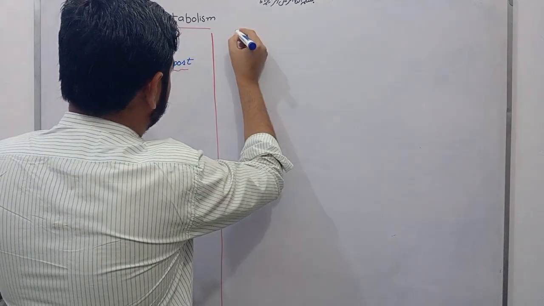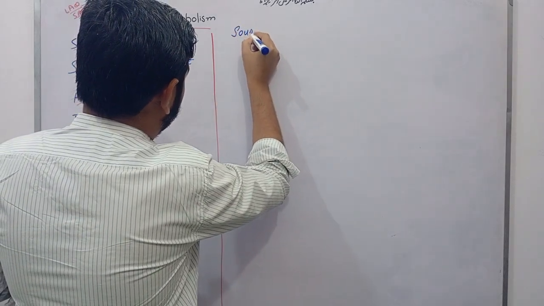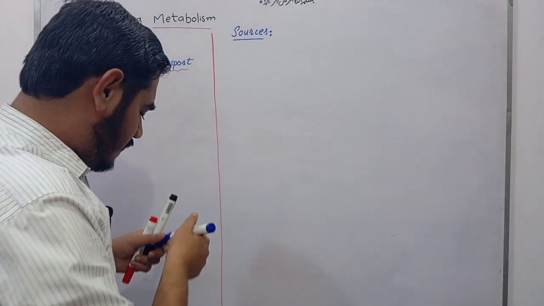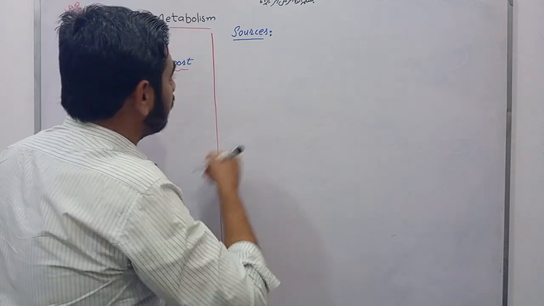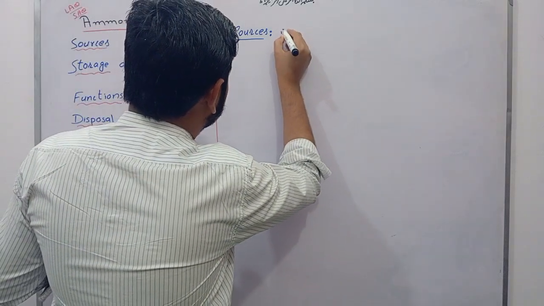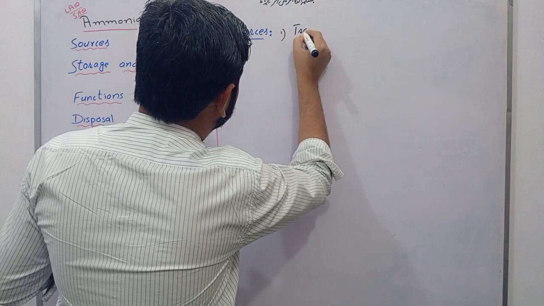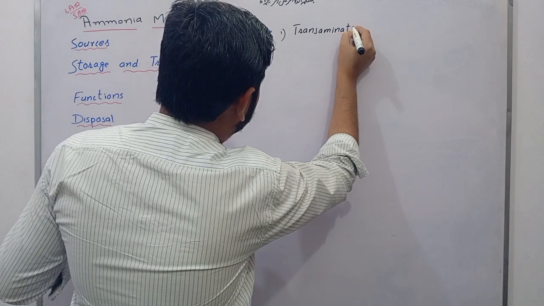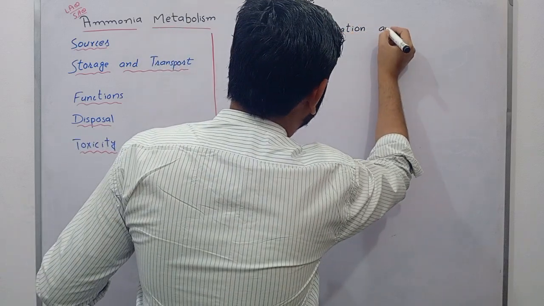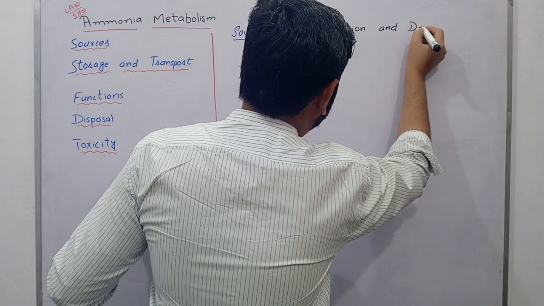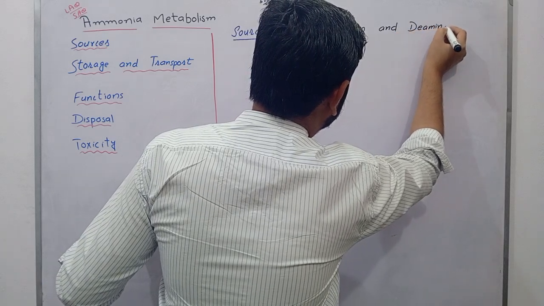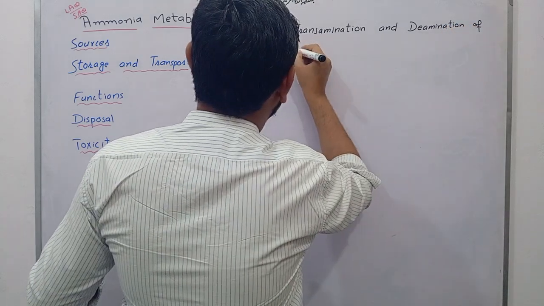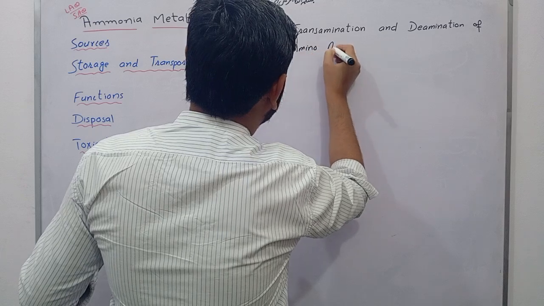So let's start our lecture with the sources of ammonia. Sources. The first source of the ammonia is transamination and deamination of amino acid.